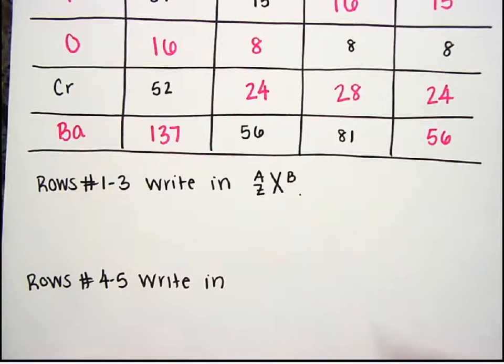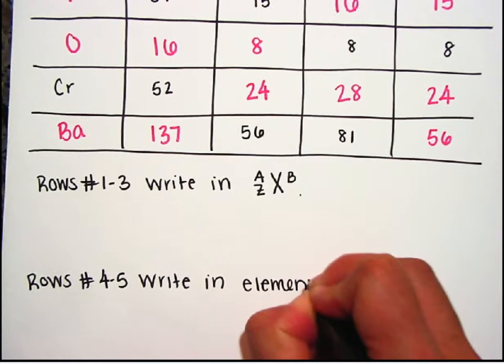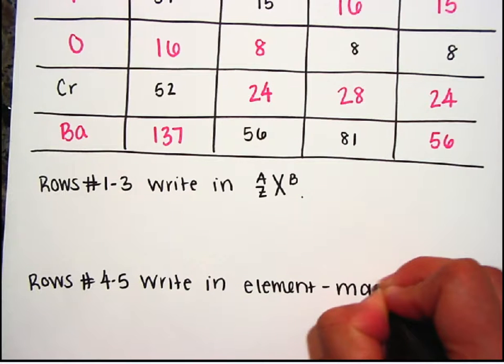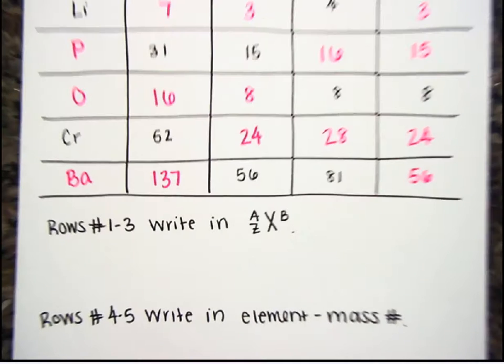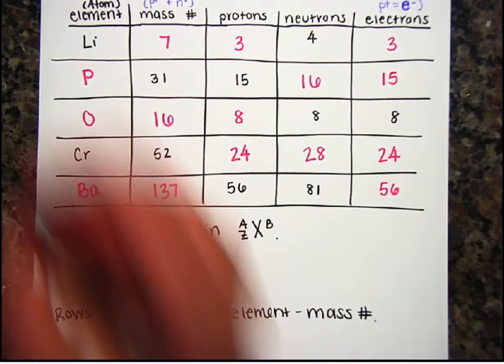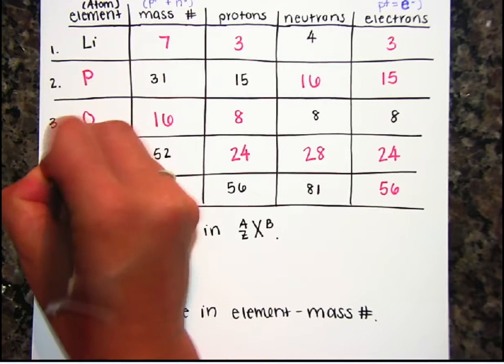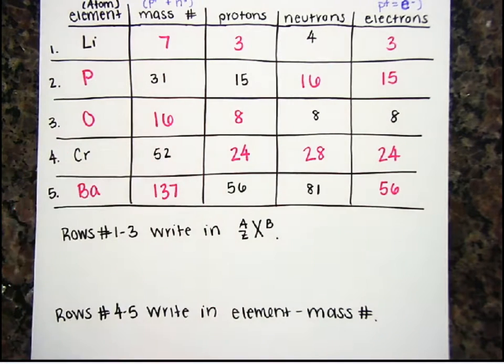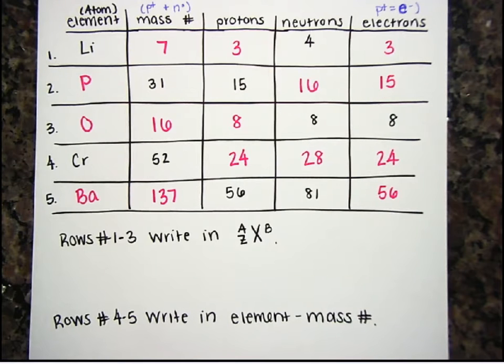And then we're going to use our second notation system, element, mass number for rows 4 and 5. And again, this is your practice. This is for you to get better at this. So pause the video and try it on your own before you just watch me do the answers.